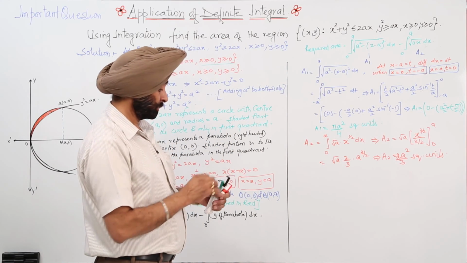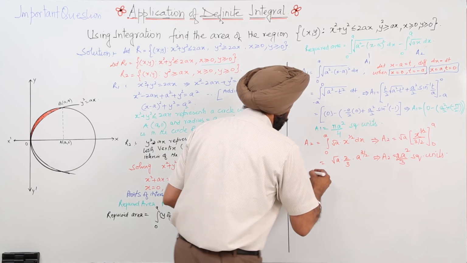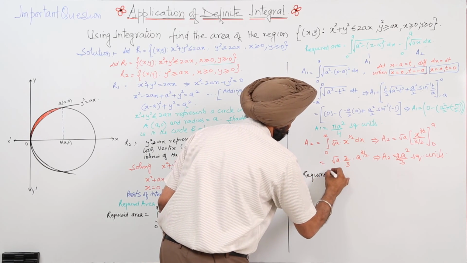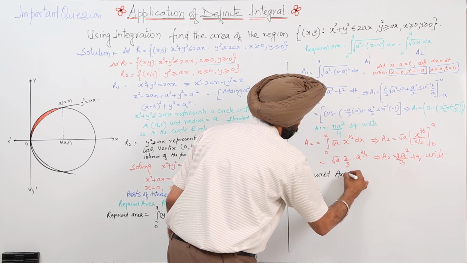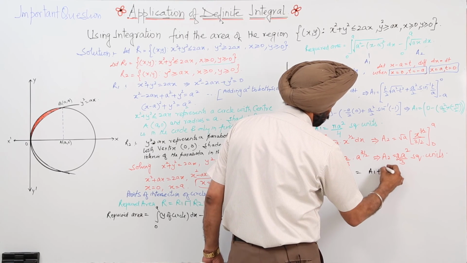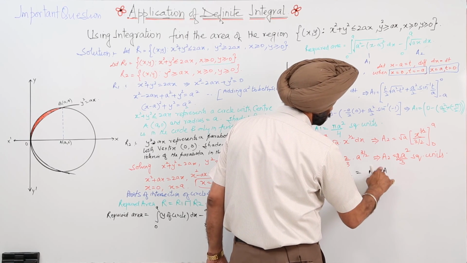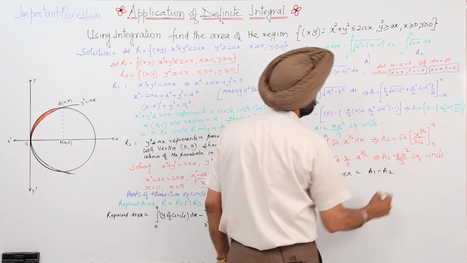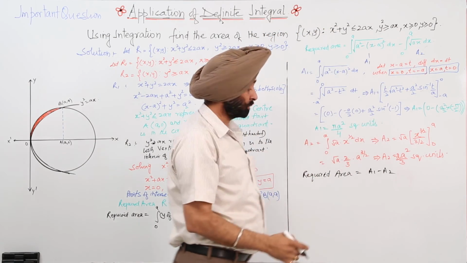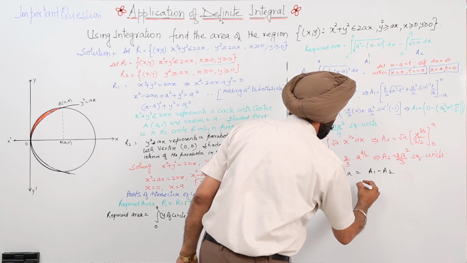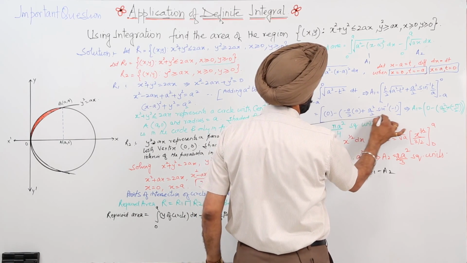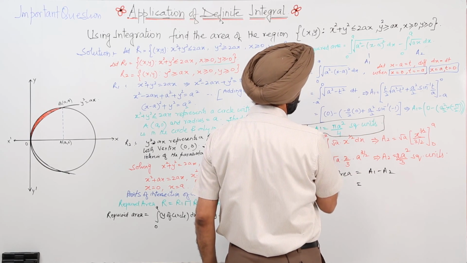Is it clear? Now the required area is equal to A1 minus A2. Okay. So what is A1? We have this part, this is our A1.